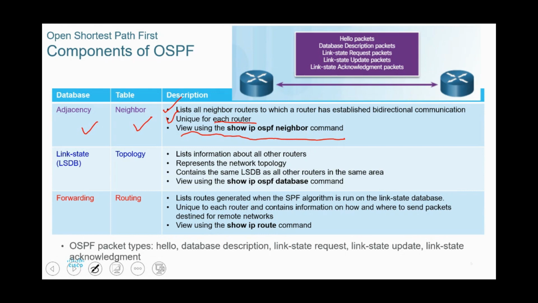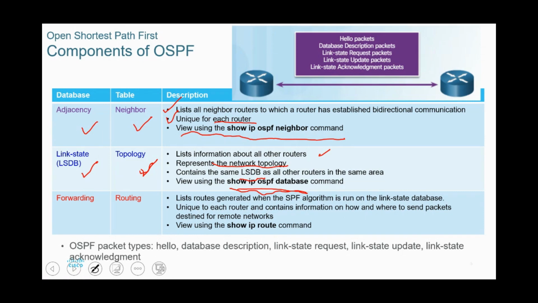Okay, next, the link state database, which we call LSDB. This LSDB stores a topology table. This topology table lists all the information about other routers, represents the network topology, and contains the same link state database as all other routers in the same area. You can check it using show ip ospf database if you want to check the topology table.